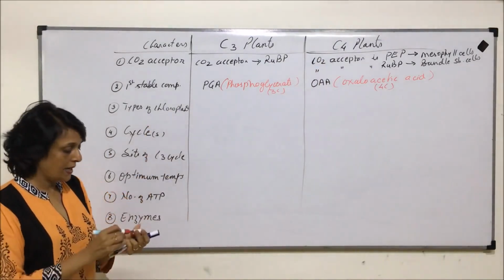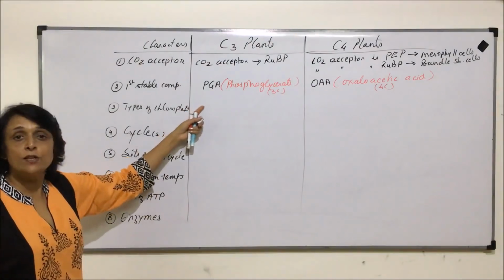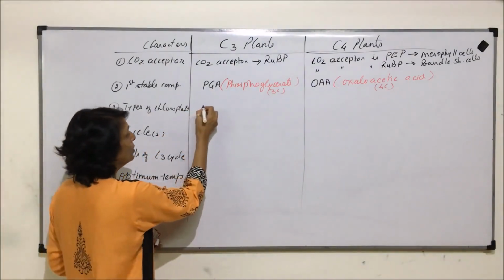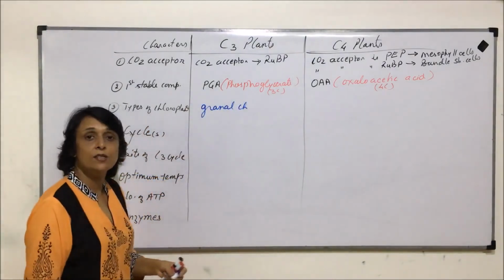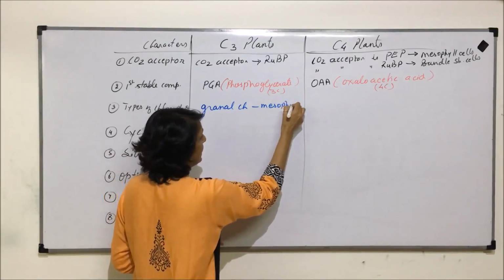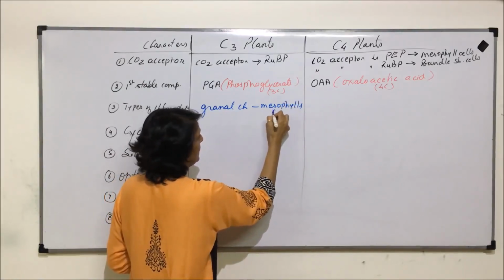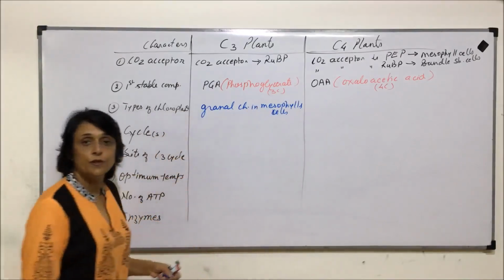The third point is about the types of chloroplast. In case of C3 plants, only granule chloroplasts are present, and these chloroplasts are present in mesophyll cells.